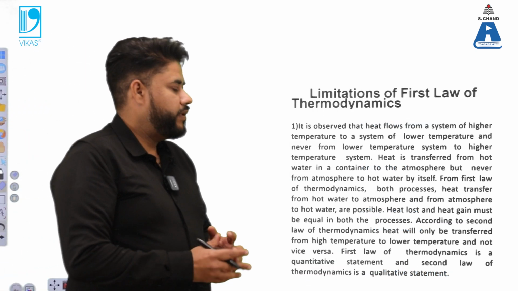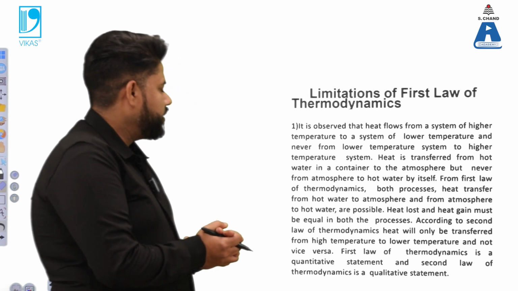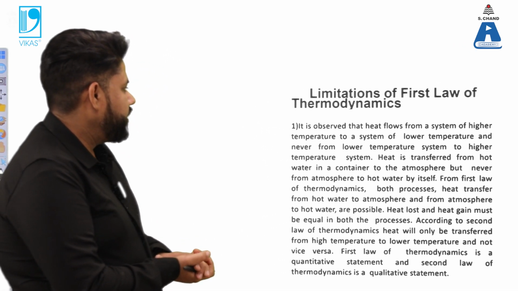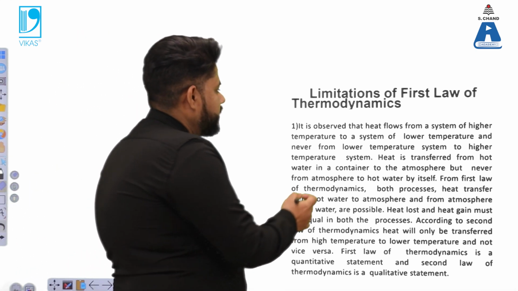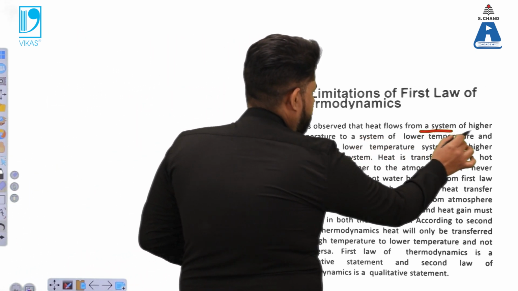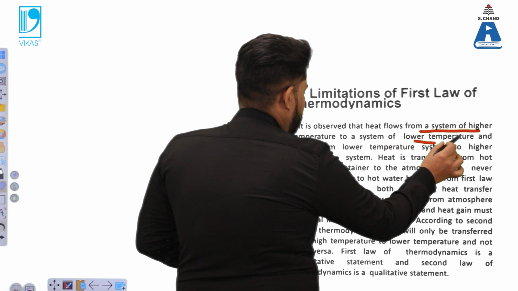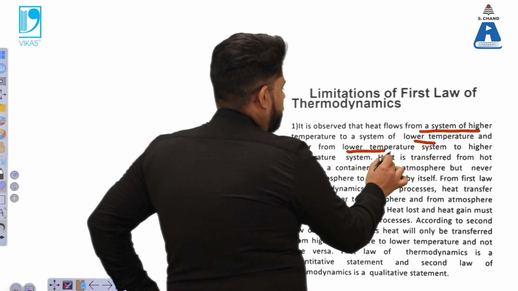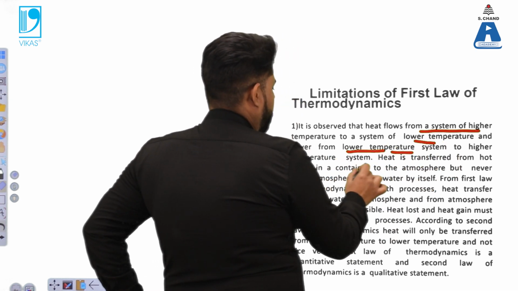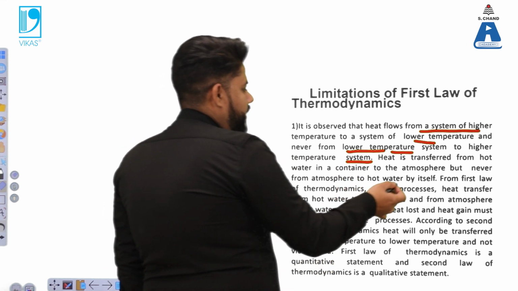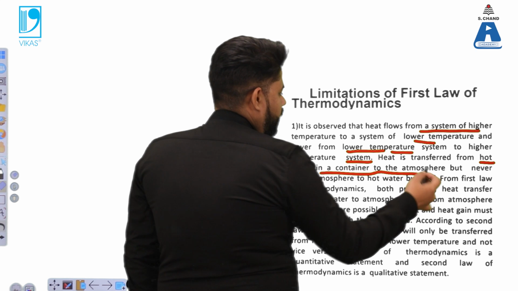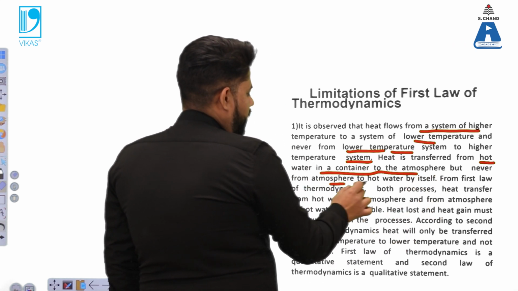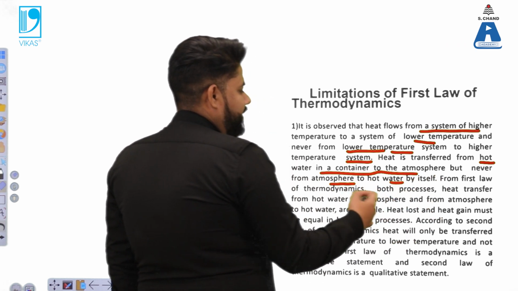Now there are certain limitations of this first law of thermodynamics. The first limitation is that it is observed that heat flows from a system of higher temperature to lower temperature, and never from the lower temperature region to the higher temperature region. Heat is transferred from hot water in a container to the atmosphere, but never from the atmosphere to the hot water by itself.